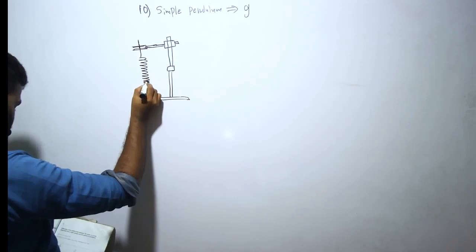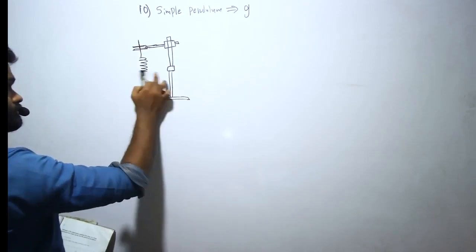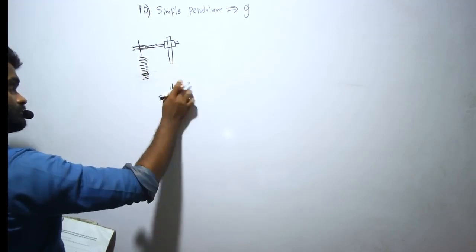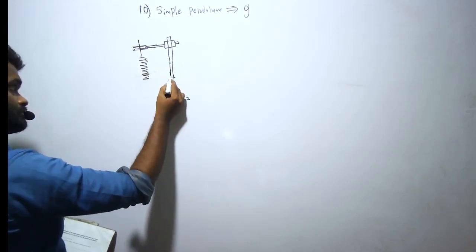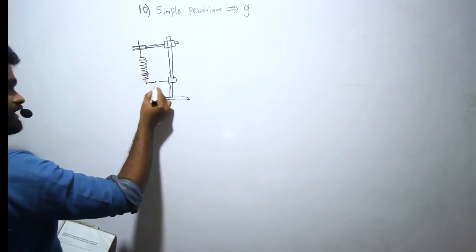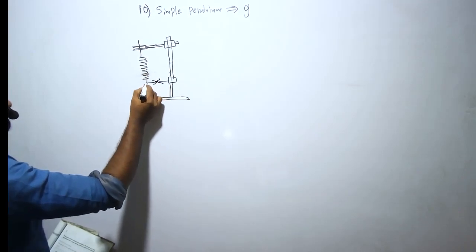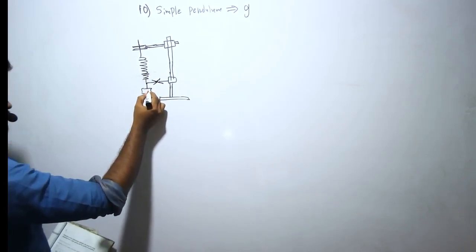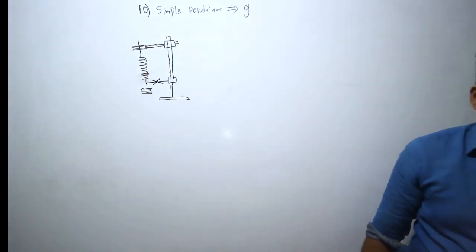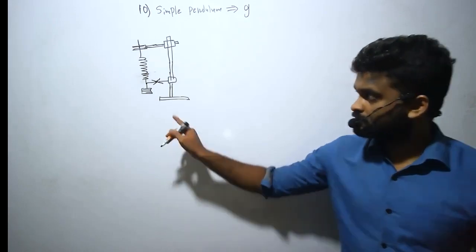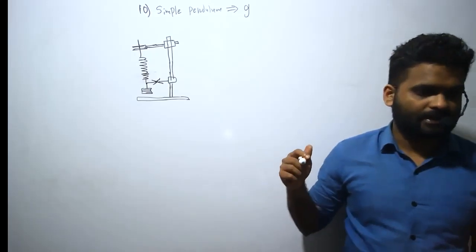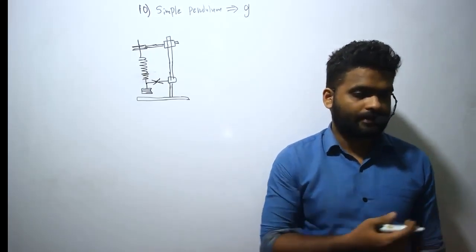Then you have the helix spring. Now the locating pin is here like this. I'm not mentioning materials and apparatus, because those are already in the book.